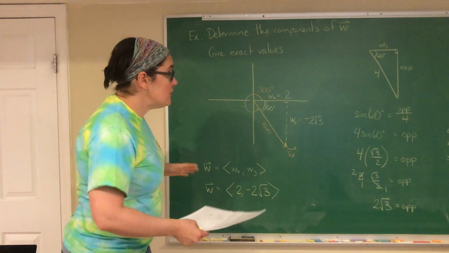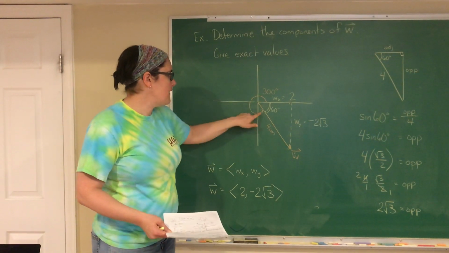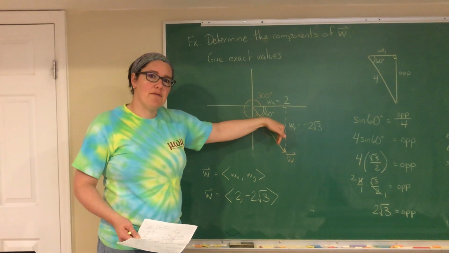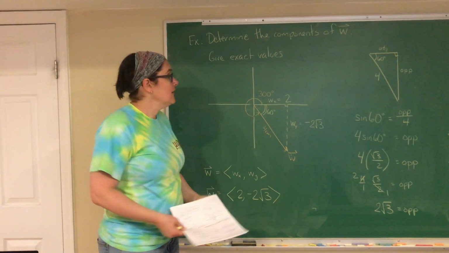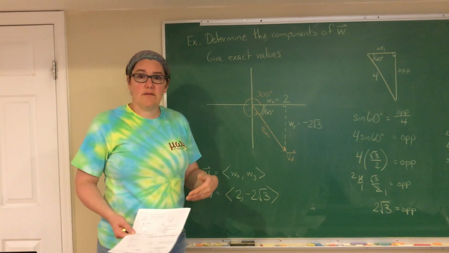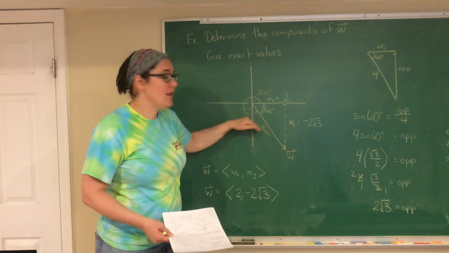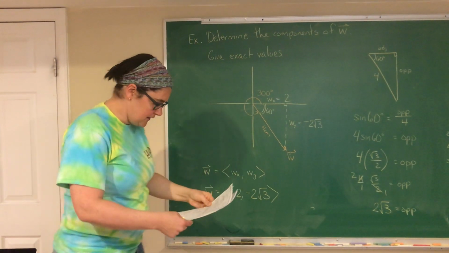So we've seen 2 examples where we are given a magnitude and a direction, and our job is to find the x and y components of the vector. We also want to be able to work in the opposite direction, that given the x and y components, we'd like to be able to identify the magnitude as well as the direction, which gives us our orientation. So we're going to take a look at another example.